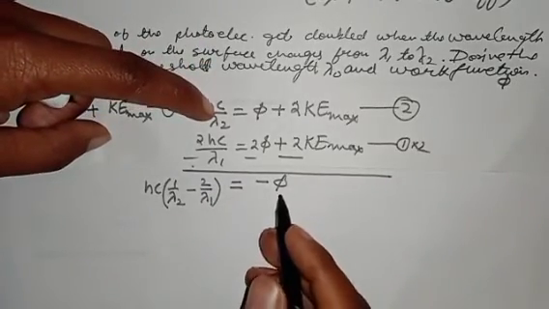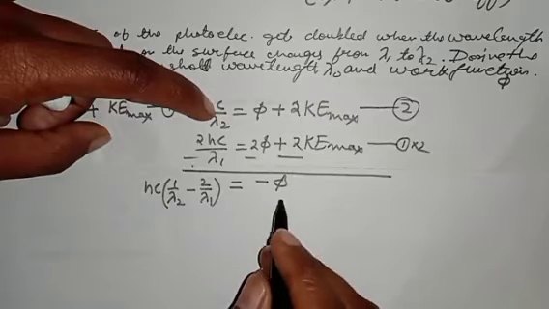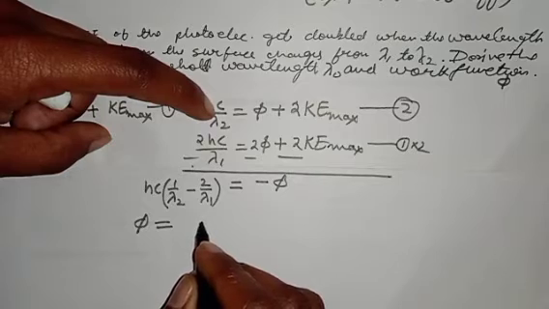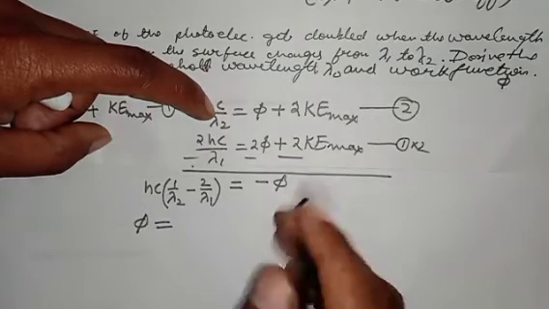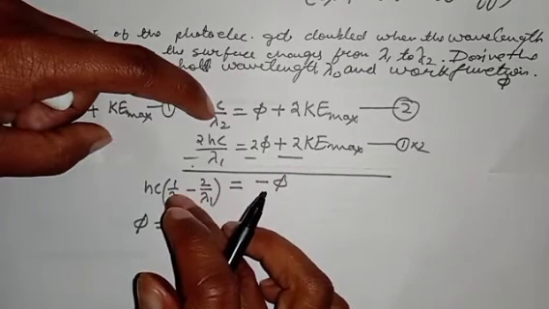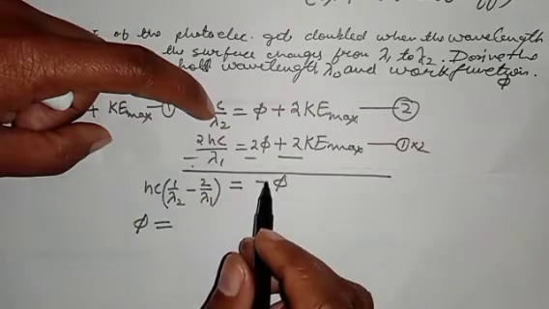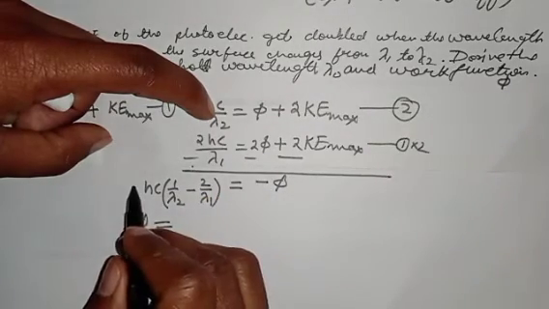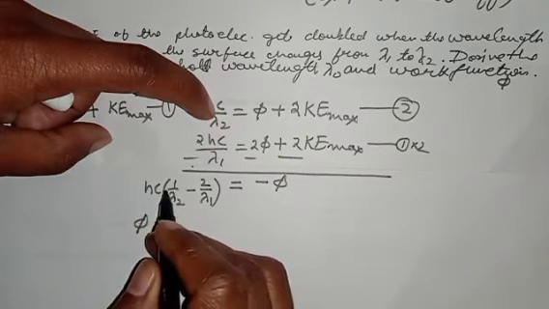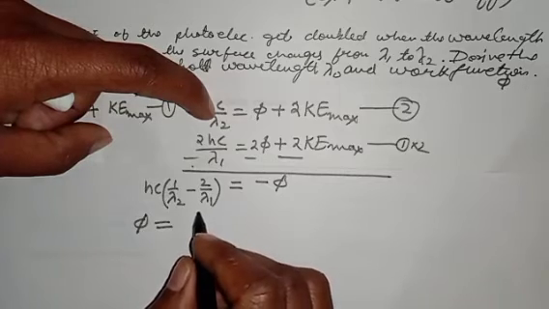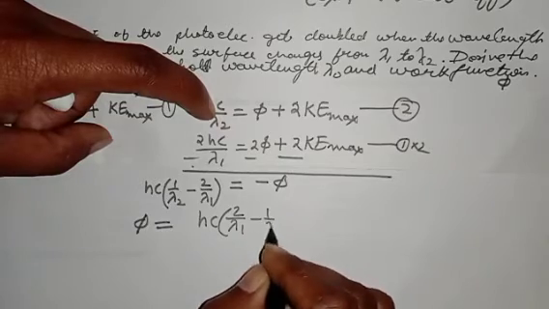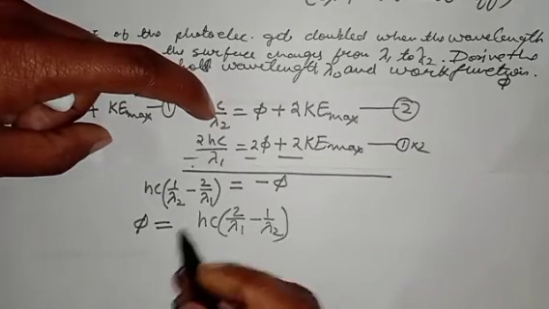Let's change the sign. Phi equals hc times 2 by lambda 1 minus 1 by lambda 2. This is the expression for work function.